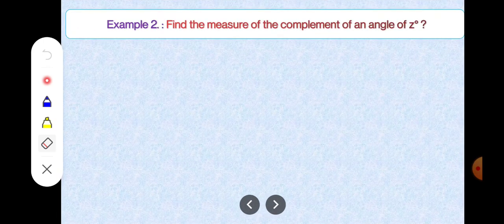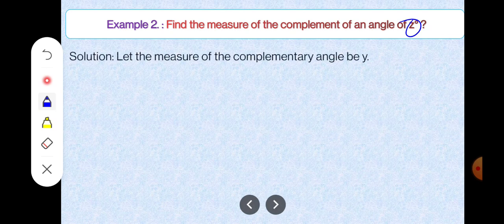Another example: find the measure of the complement of an angle of z degrees. They have not given any number, but they are just telling us to find the complement. So only one angle is given to us. Can I assume another angle as x or any favorite alphabet of yours? I will write: let the measure of the complementary angle of z degrees be y.